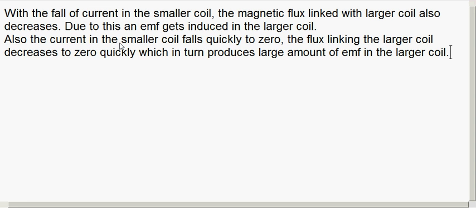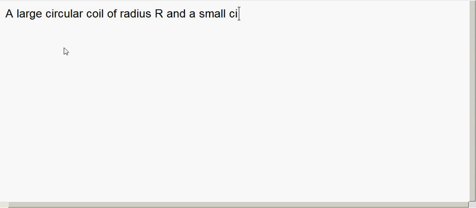Now, hope you understood this. You can take down another problem similar to this. A large circular coil of radius r and a small circular coil of radius r are put in the vicinity of each other.